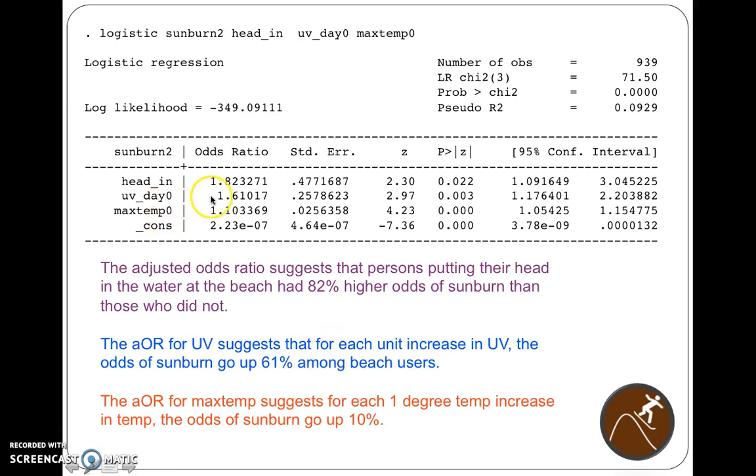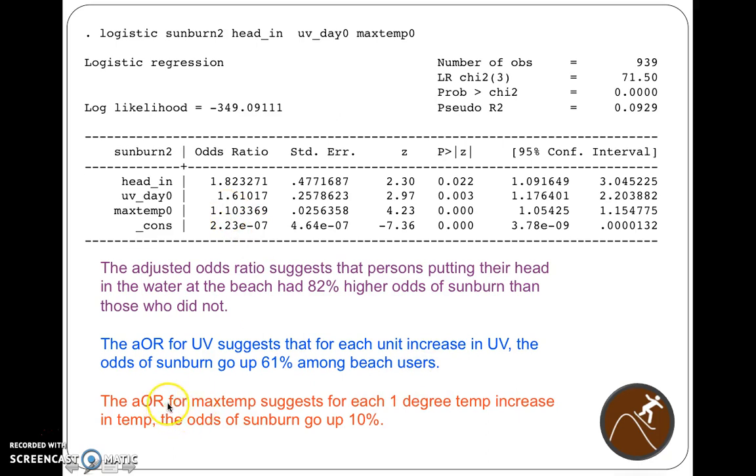With regards to UV, this is a continuous variable, so the best way to say this is: the adjusted odds ratio for UV suggests that for each unit increase in the UV index, the odds of sunburn go up 61%. So a 1 unit increase in UV results in 61% more sunburn among beach users.